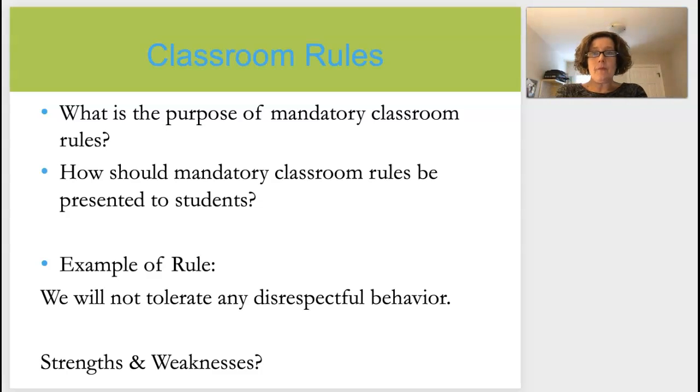Next is classroom rules. I think rules kind of got a bad rap for a while in education. We were like, no, we can't have rules. These kids need to be responsible and find those things out for themselves. But I don't really see them as negative. Anytime you have a group of people together, you are going to have rules.